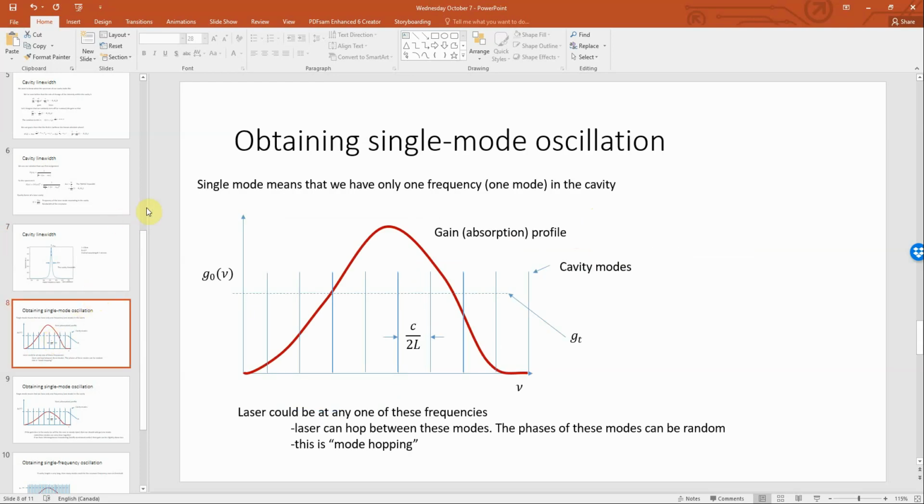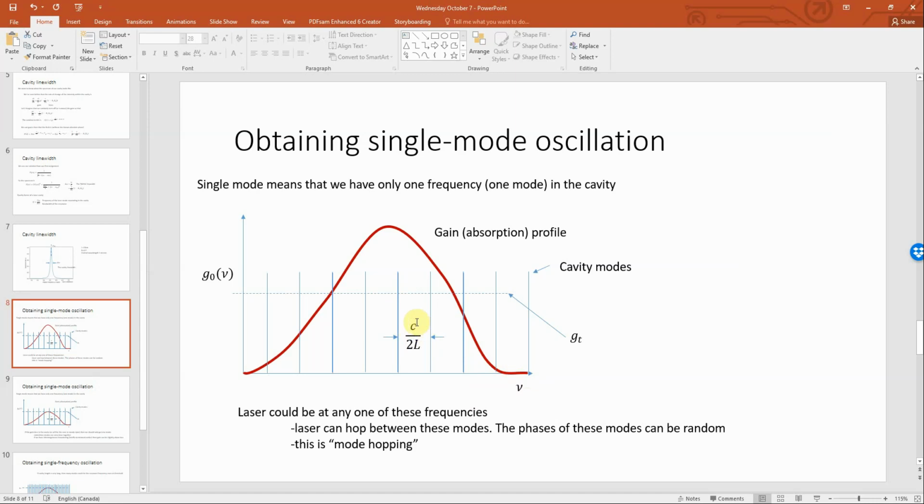Now, how do we obtain a single mode? If you think about it, all these modes are going to be given by c m over 2L for these frequencies. So the separation of each of these modes is going to be c over 2L. That is given by the repetition frequency of the laser.